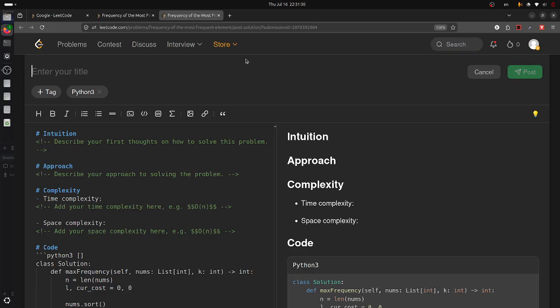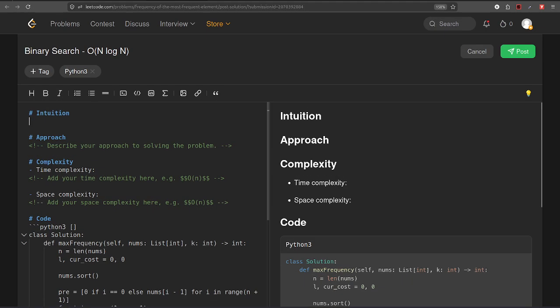I put it in the charger. It's not registering yet. Oh no. Let's pray. Anyways, we can write the solution. So binary search and login. Oh, it's charging. Amazing.